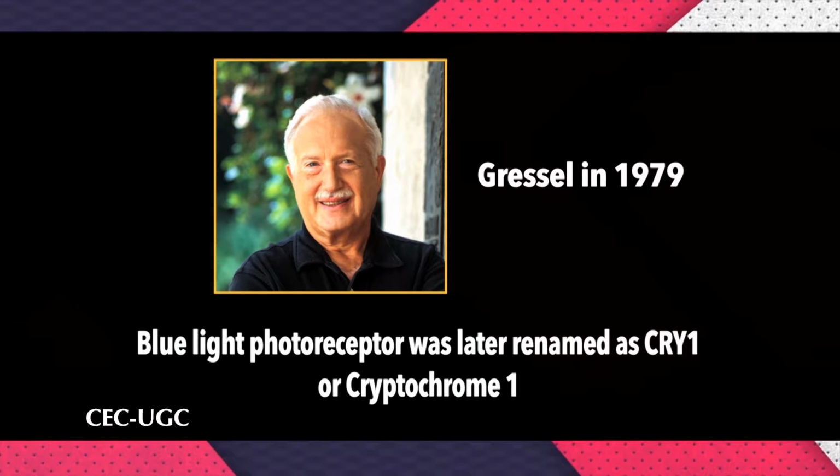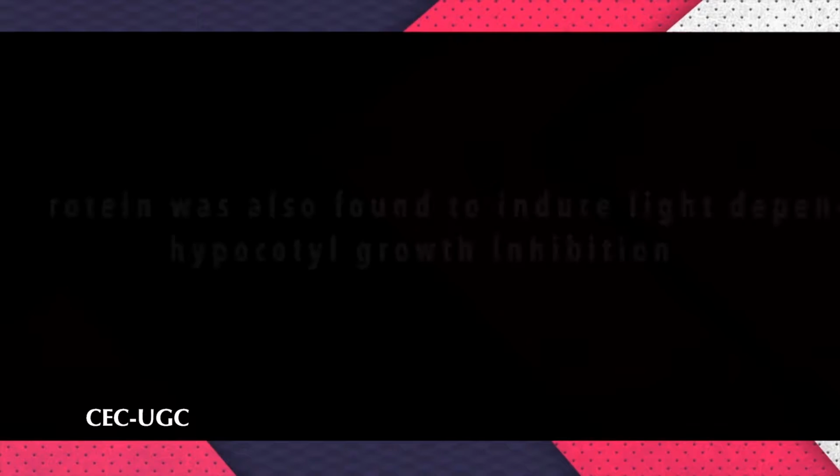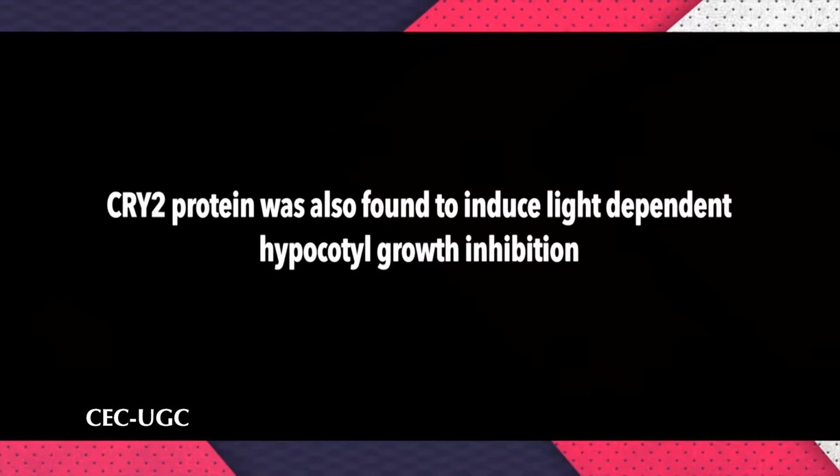This blue light photoreceptor was later renamed as CRY1 or Cryptochrome 1 by Gressel in 1979. Subsequently, in the year 1996, another blue light receptor, CRY2, was identified in Arabidopsis by Lin and co-workers. The CRY2 protein was also found to induce light-dependent hypocotyl growth inhibition.